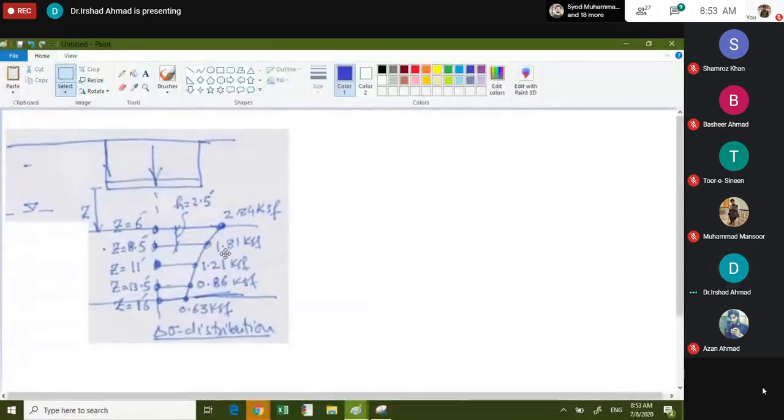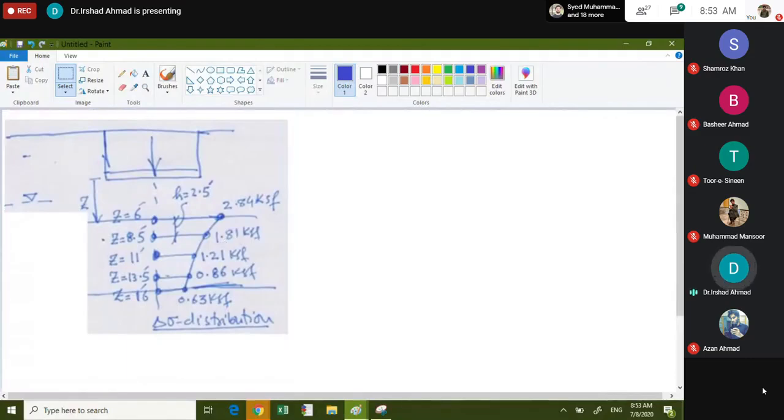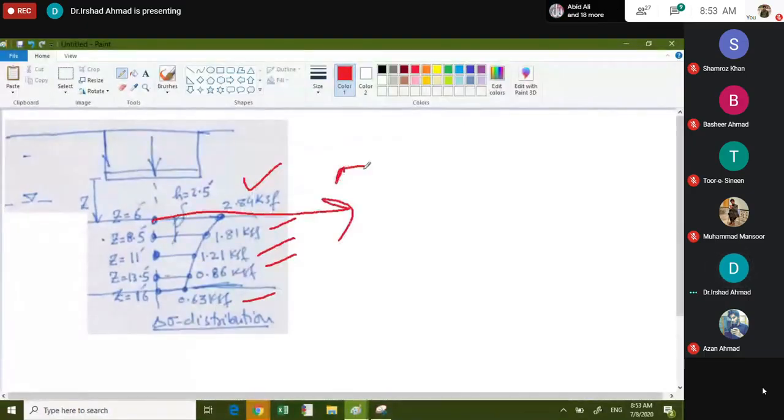You see, I found the stresses from the table and put them here. This is 2.84 for 6 feet, 1.81, 1.21. And you see, I plotted them. This is the stress axis, and this is the depth axis Z. Right?